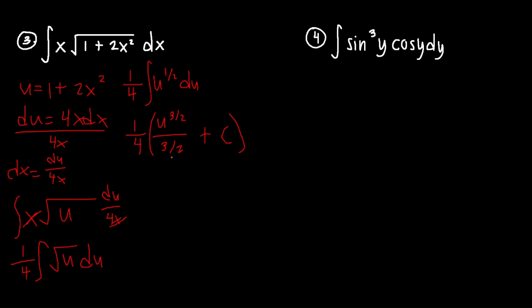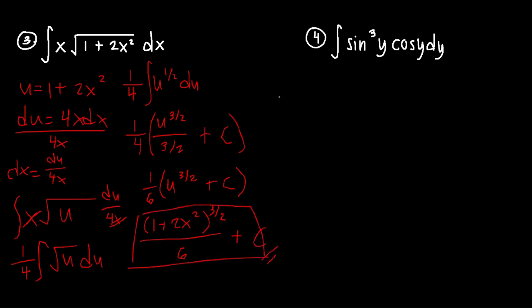So 1 over 4 times 1 over 3/2, that is going to leave you with 1 over 6 u^(3/2) plus c, and then substitute in your u again. So I can write this now as (1 plus 2x squared) to the power of 3/2 over 6 plus c. And that is your answer.